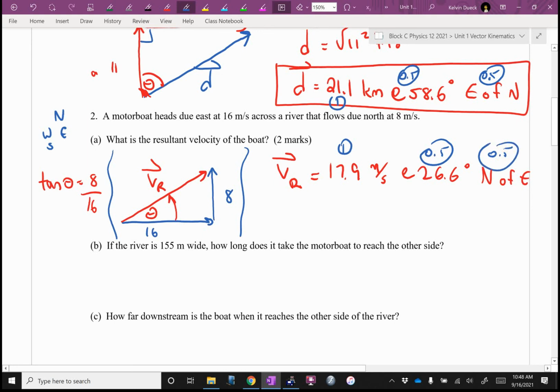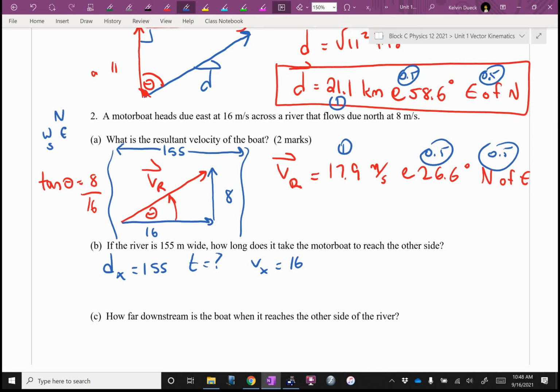If the river is 155 meters wide, how long does it take the boat to reach the other side? So that 155, I think that's that distance, which I'm going to call a dx. They want me to find time. I have to use a vx, which in this case is the 16. And what did we say a was for both the river and the airplane in a crosswind?